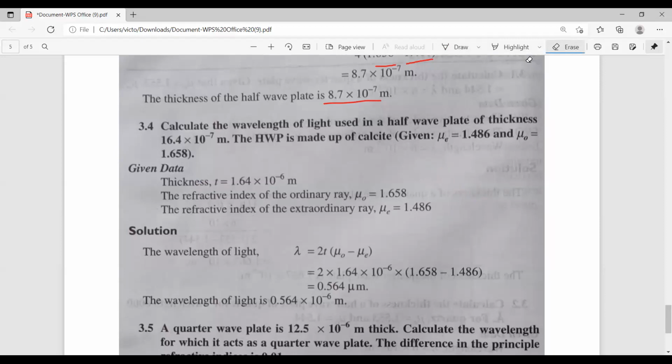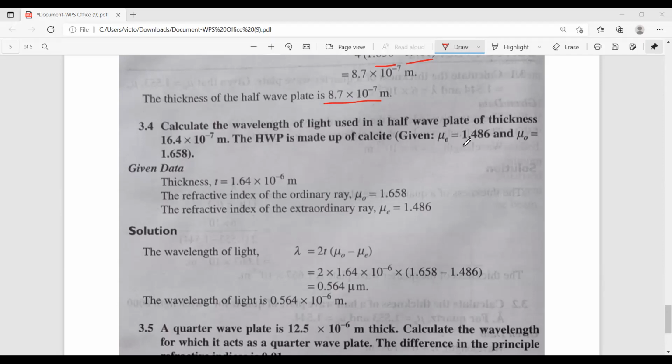So the next problem is to calculate the wavelength of the light used in a half wave plate of thickness 16.4 into 10 power minus 7 meters. The half wave plate is made up of calcite.